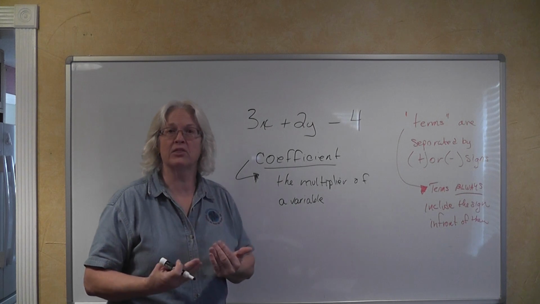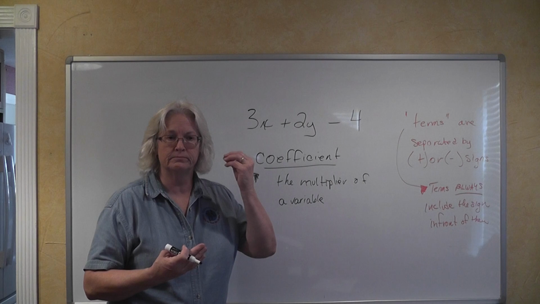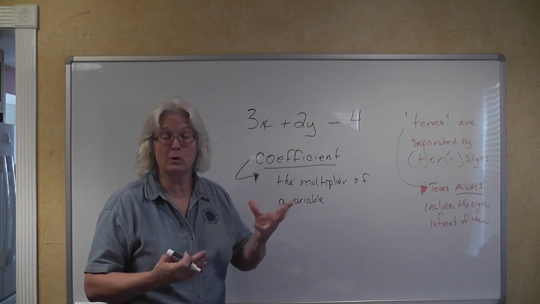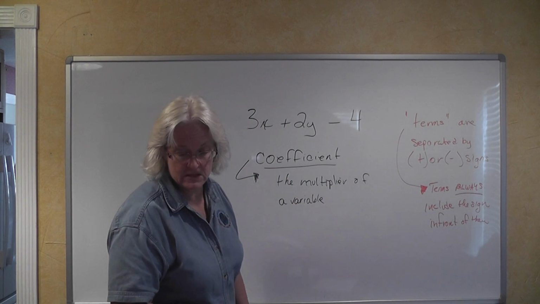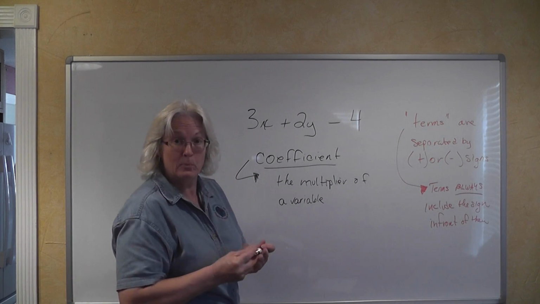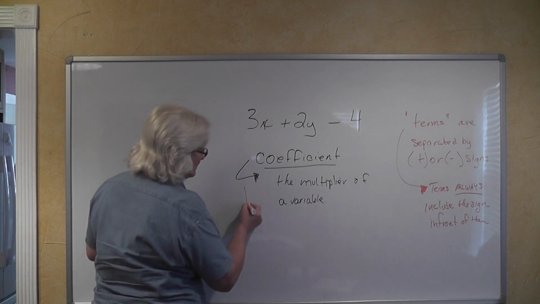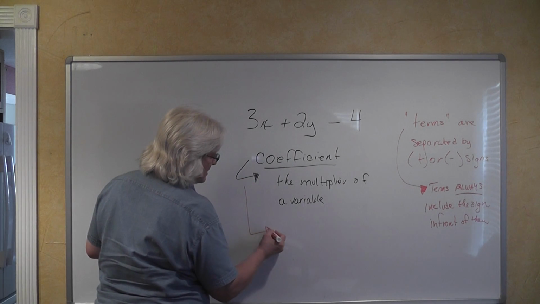Another way that you might think of this, just in colloquial form, is exactly this. The coefficient is the number in front of the variable. All of you math teachers out there, do not shoot me, please.